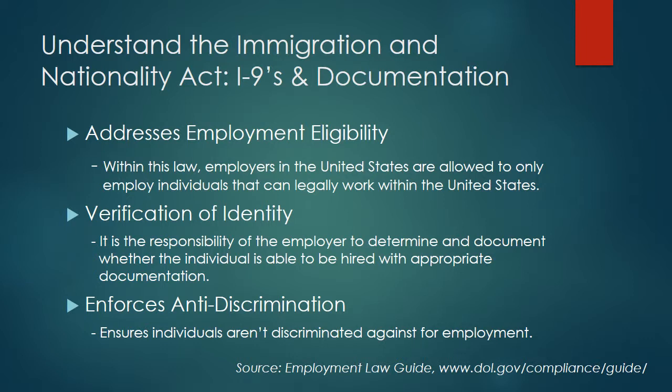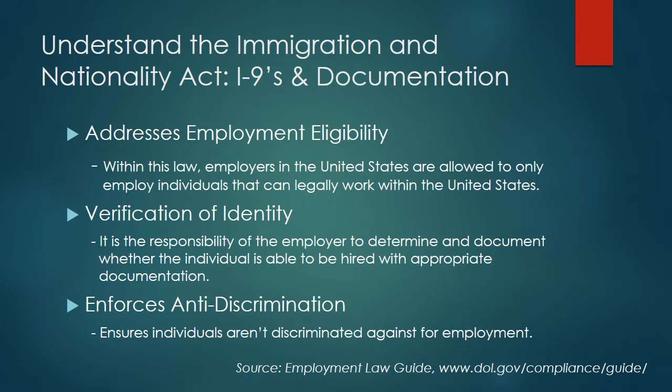It is the responsibility of the employer to determine and document whether an individual is able to be hired by obtaining the appropriate documentation to verify their identity. Lastly, the Act enforces anti-discrimination, which means individuals can't be discriminated against during these processes.